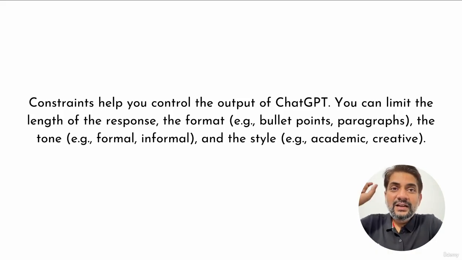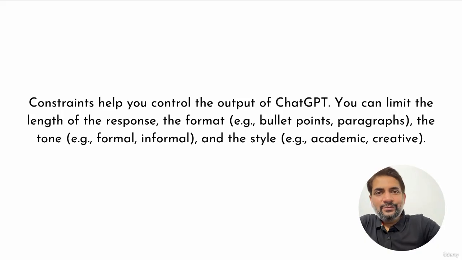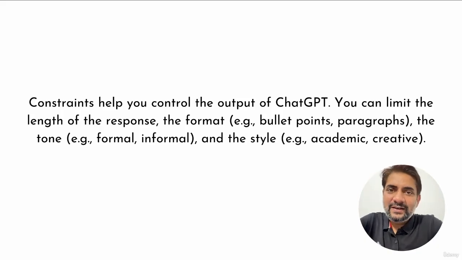So who the expected user of your essay is going to be, you need to tell ChatGPT so that it can create the content accordingly. If a layman is going to read it, or an expert is going to read it, if a small kid is going to read it, or a young man is going to read it. So you need to add specific constraints to your prompt.